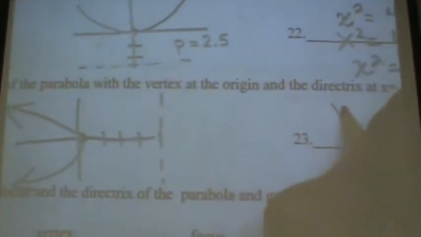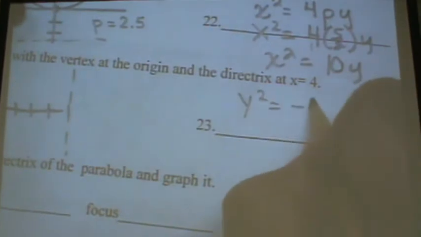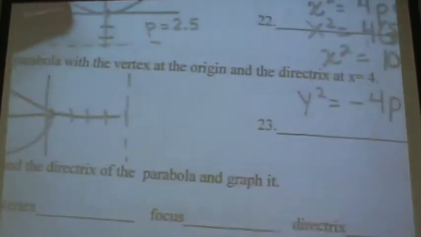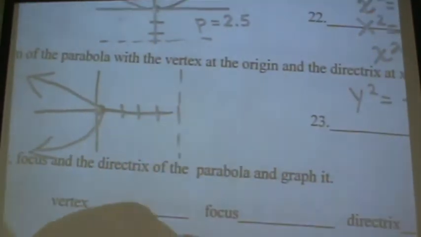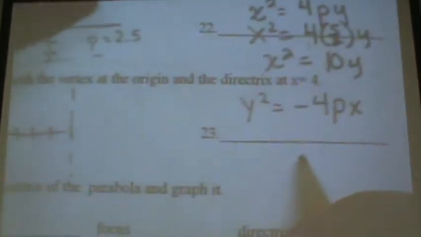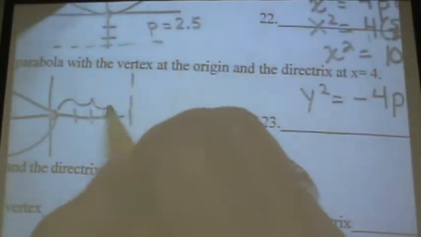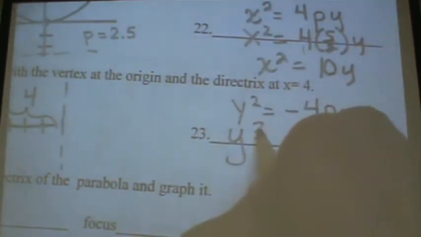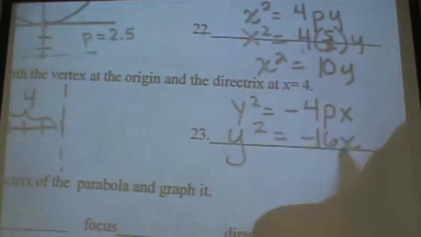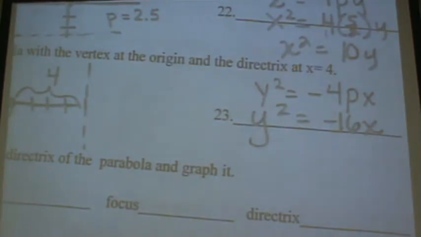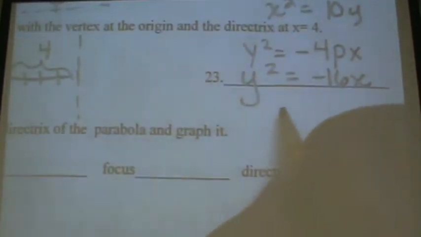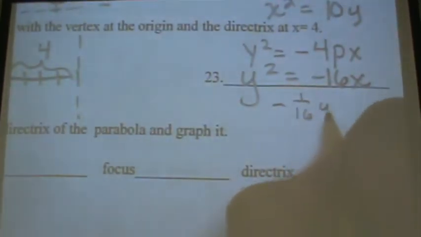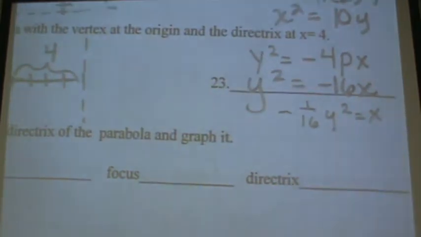So this is going to be y squared equals -4px. Why negative? These branches are pointing to the negative side. What is p? P is 4. So what's your equation? -16x. Now you could rewrite this as -1/16 y squared equals x also.